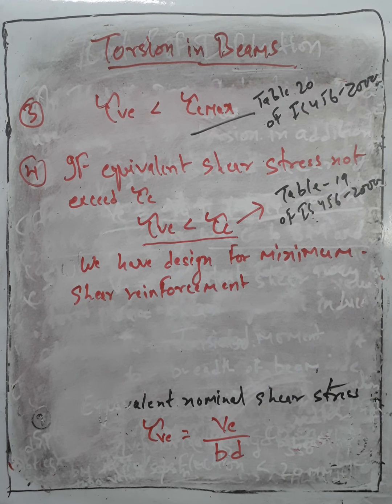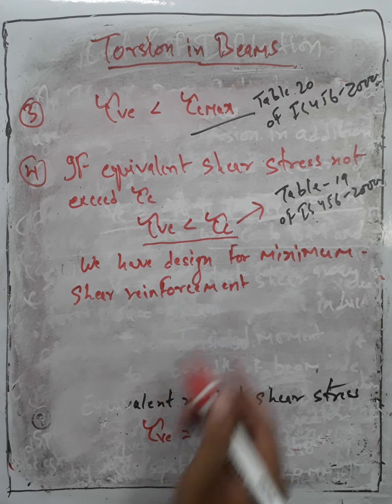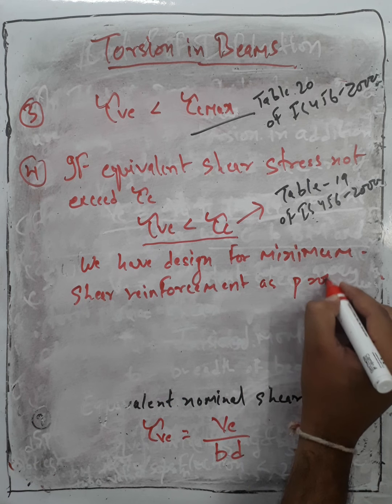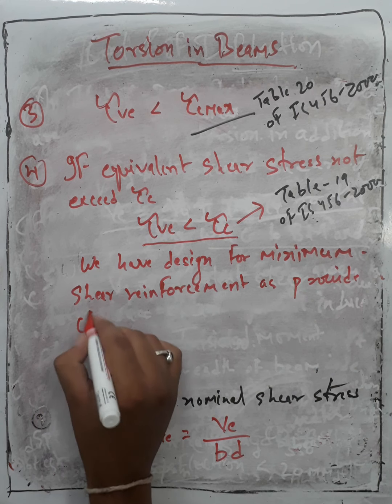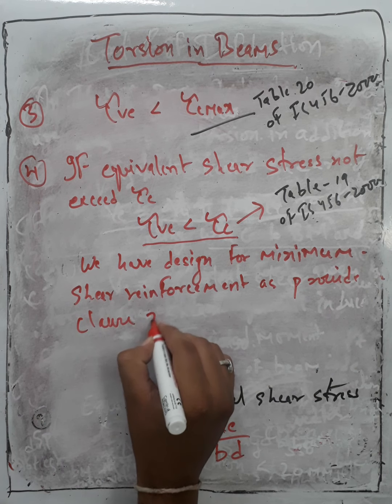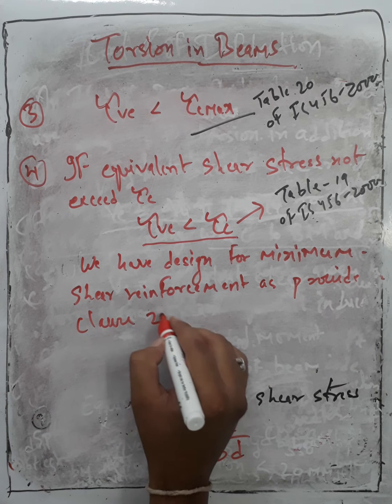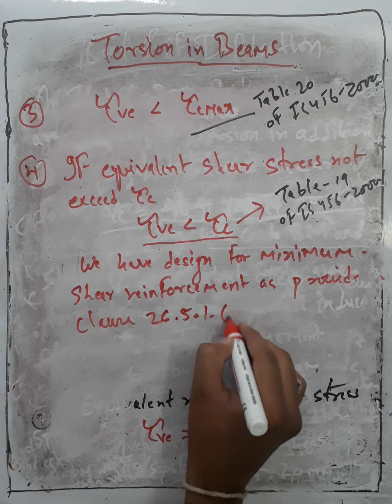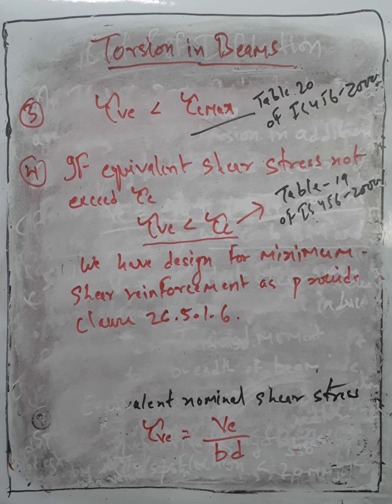So our step number 4 is to check whether tau V is less than tau C or greater than tau C. If tau V is less than tau C, then we design for minimum shear reinforcement as provided in clause 26.5.1.6.